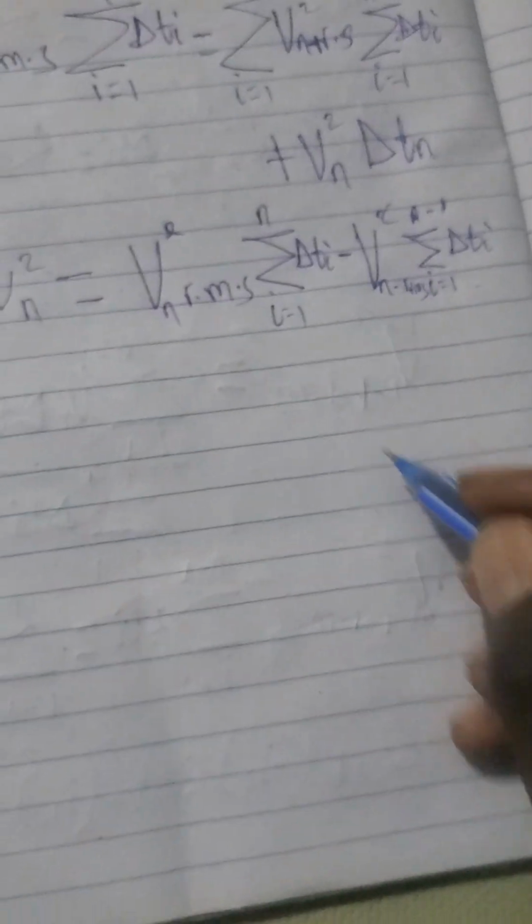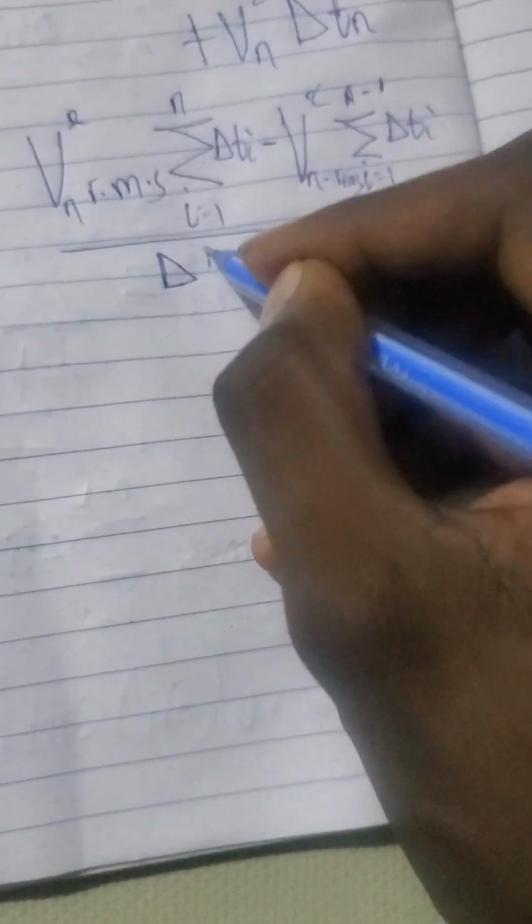So this is the root mean squared velocity. And now the equation will look like that one. Then you divide by the one-way vertical travel time of the nth layer.